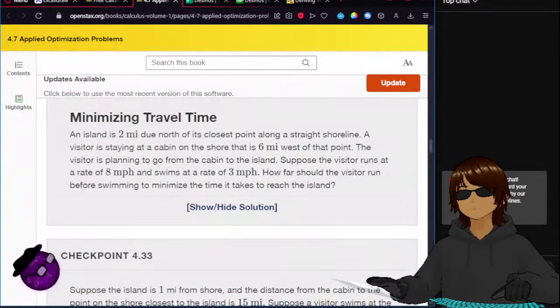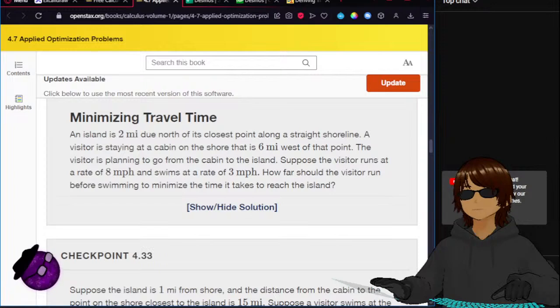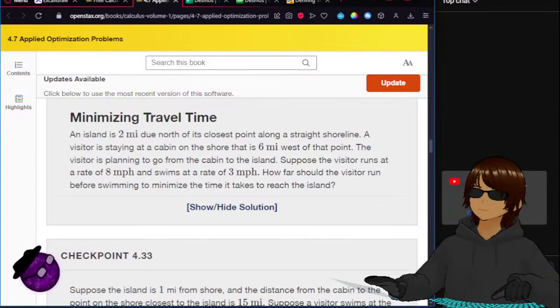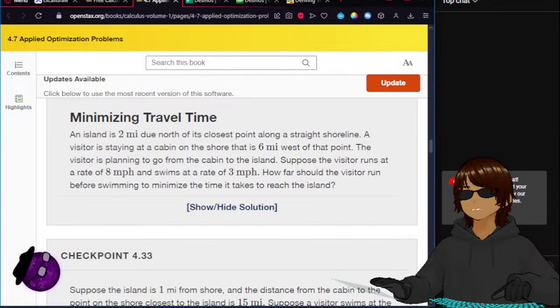Wait, hold on. An island is 2 miles due north of its closest point along a straight shoreline. A visitor is staying at a cabin on the shore that is 6 miles west of that point.